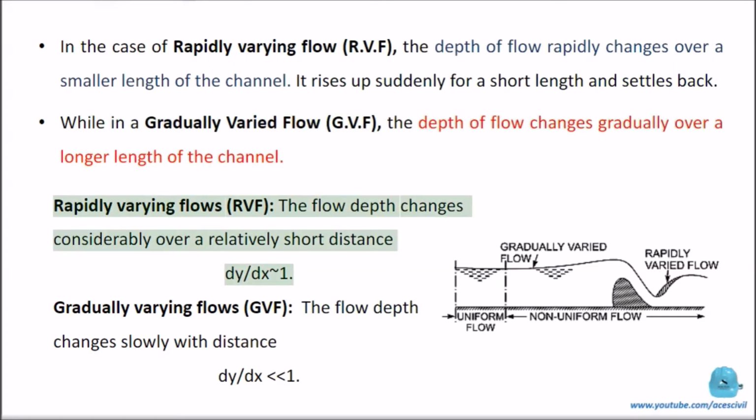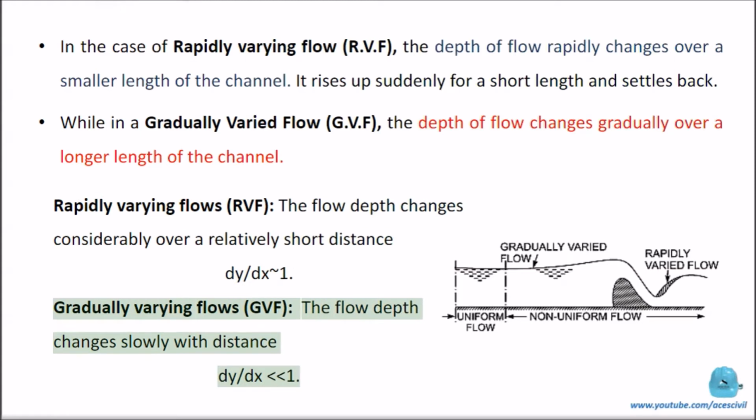Rapidly varying flows, RVF: the flow depth changes considerably over a relatively short distance, dy/dx much greater than 1. Gradually varying flows, GVF: the flow depth changes slowly with distance, dy/dx much less than 1.